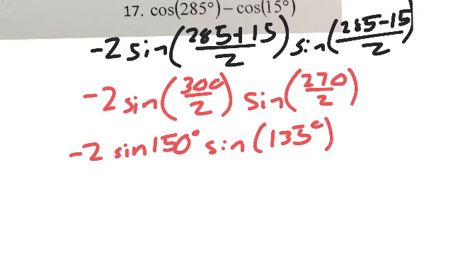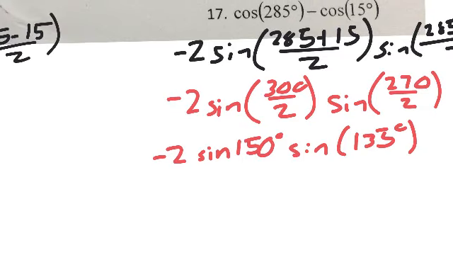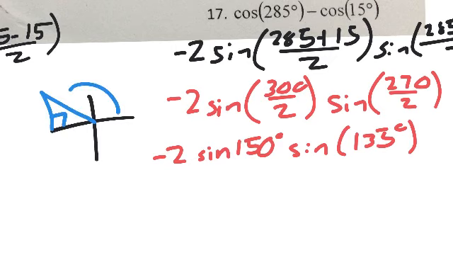So you may have to draw these out, or maybe you see them. I'll draw these out. So sine of 150 degrees, that puts me in the second quadrant. If I rotate 150 degrees, that means I'm going to have a central angle of 30 degrees. I'm in the second quadrant, so sine is positive. Sine is going to be the opposite over the hypotenuse, so that's going to give a half.